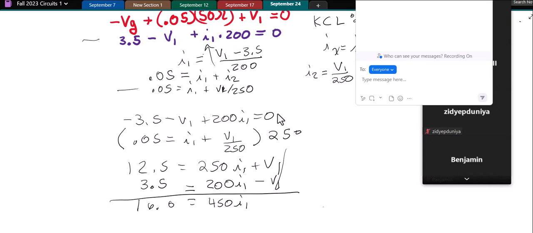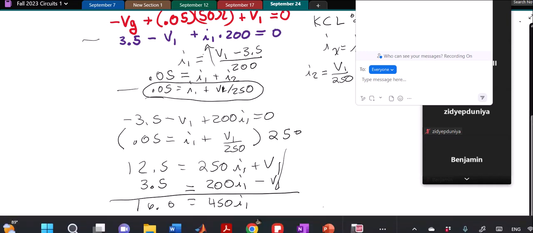So I took this equation right here, which was 0.05 equals I1 plus V1 over 250, and I multiplied everything through by 250.